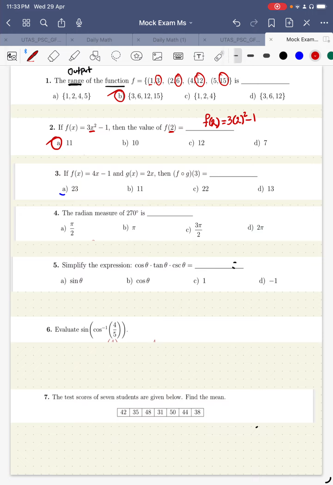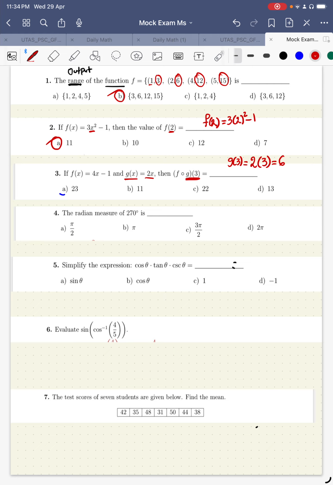In order to find the answer, first I need to calculate my inside function, which is g of 3. How do I calculate g of 3? I go back to the g of x function and replace every single x with a 3. So I'm going to have 2 times 3, which of course gives me 6.